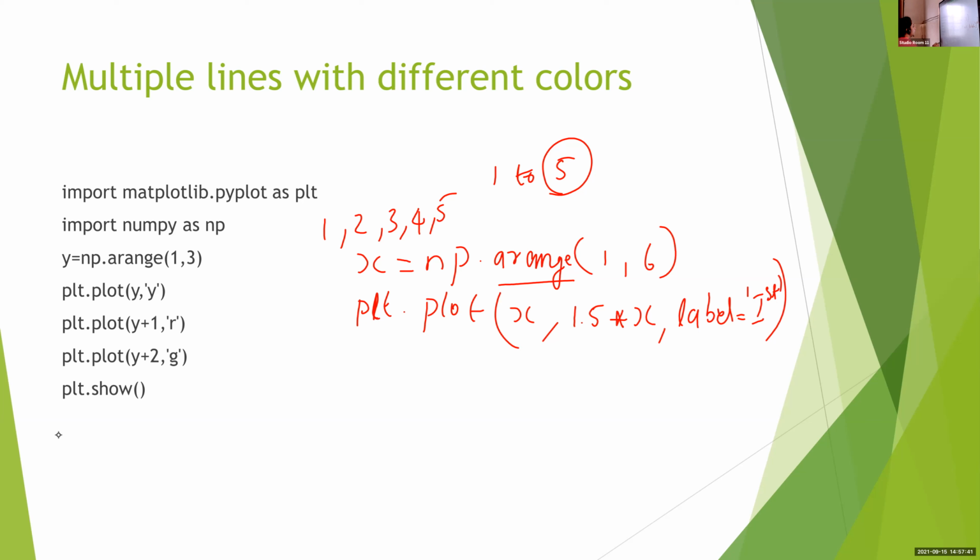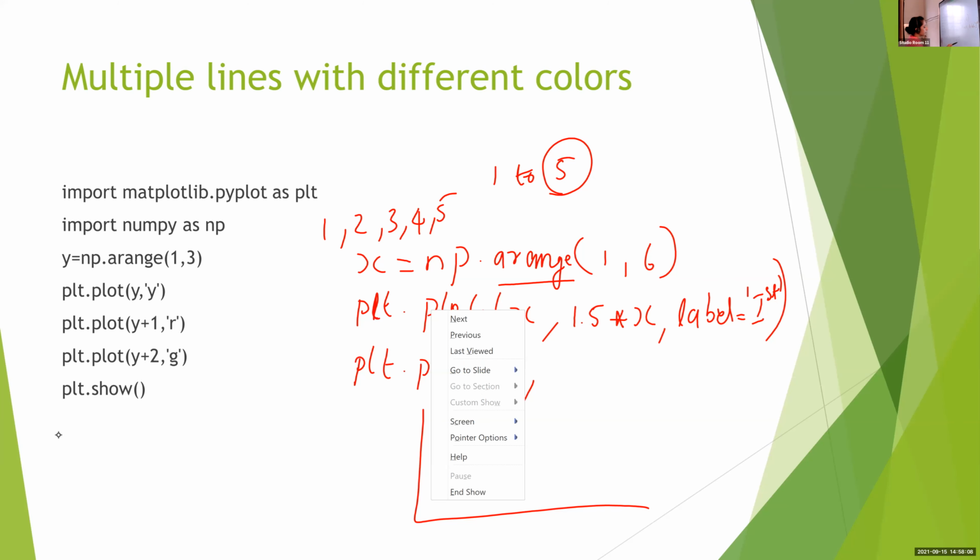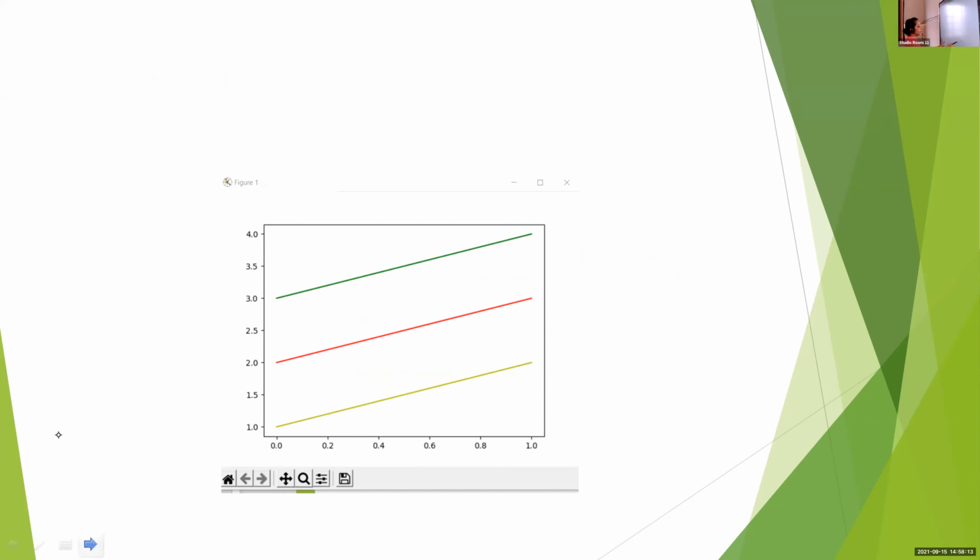Hadi, read the next statement. plt.plot, x plus 1... Oh, it is not x plus 1, it is x itself. We are using the same x. Here the x value is the same, the y value is changing.